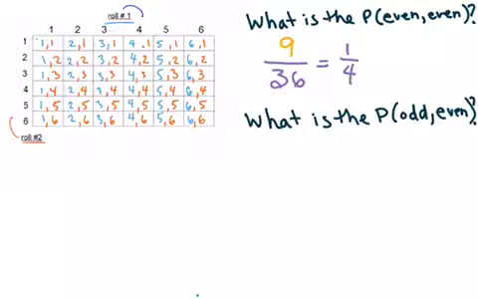Now, second row. 1, 2, sorry, odd, even. 2, 2, that would be even, even. 3, 2, oh, there you go. That's your odd, even. There's our first one. 4, 2, so you kind of get the idea. 5, 2, odd, even. Okay, I want you to pause and try and figure that one out.